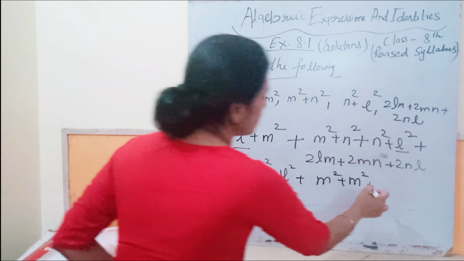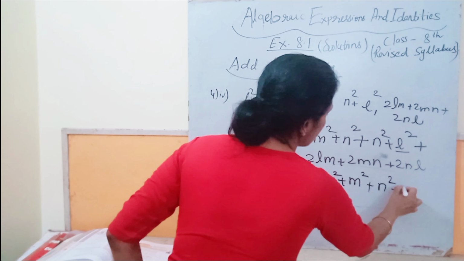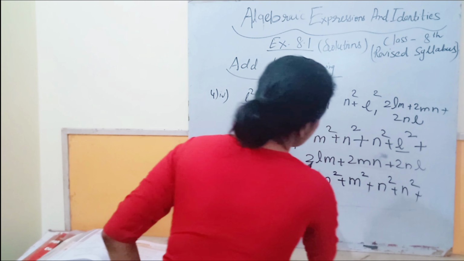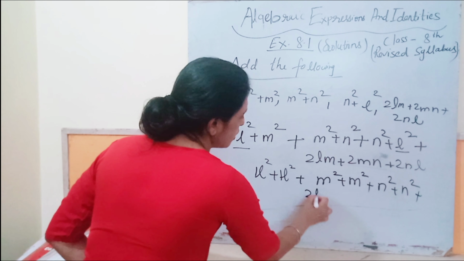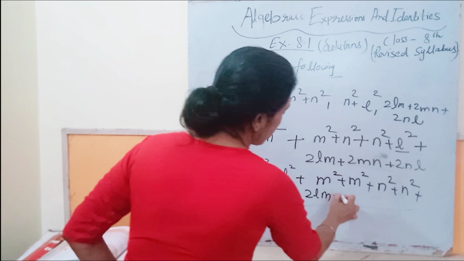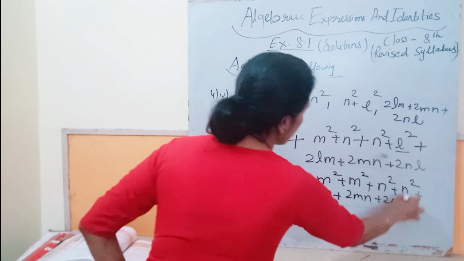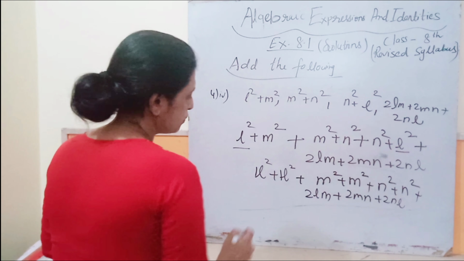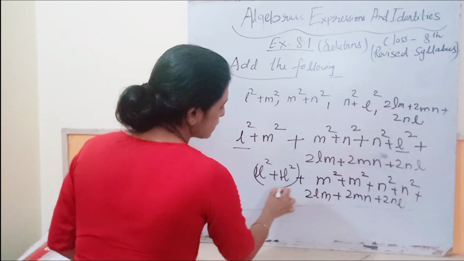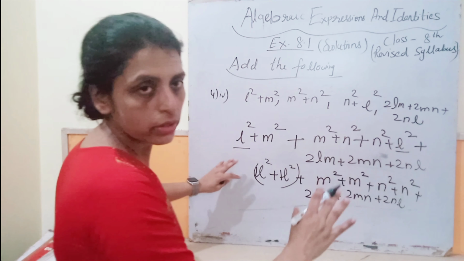Then N square, these three are unlike terms, so we rewrite them as it is, 2MN plus 2NL. Okay, you can write this L square, the like terms within the bracket also.